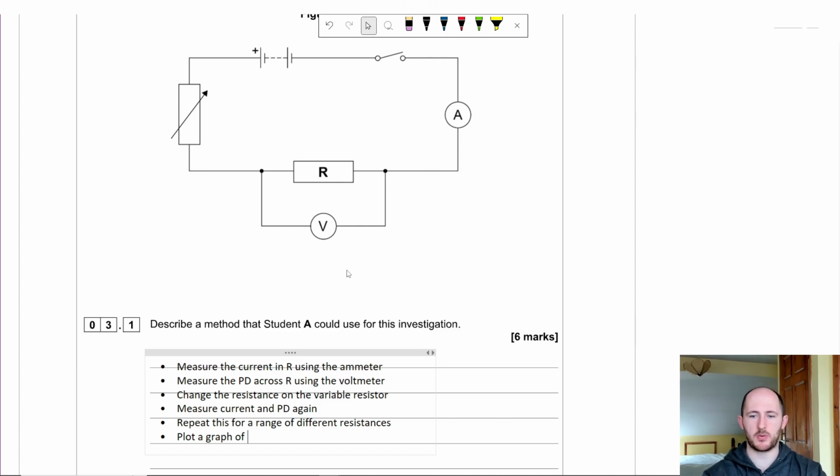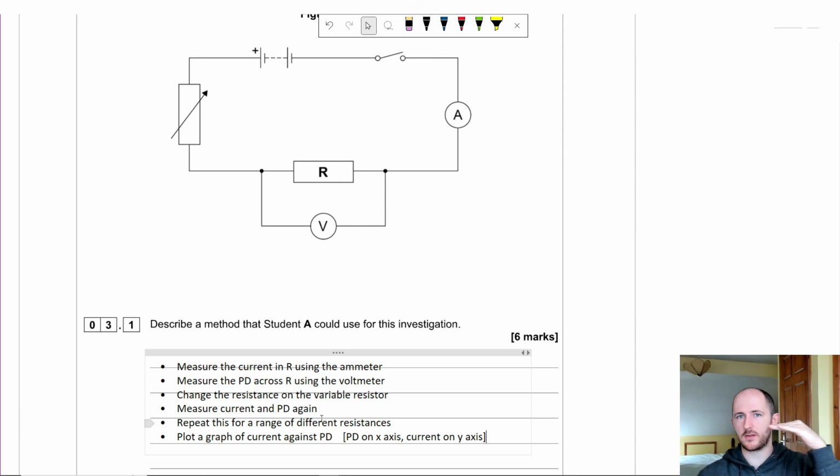So the way you'd write that is you plot a graph of current against potential difference, or you can literally say PD on x-axis and current on y-axis. Because remember, the independent variable, the one that you change, always goes on the x-axis because that's the one you're controlling. And in this case, the dependent variable, which is the current, is what changes as a result of that.